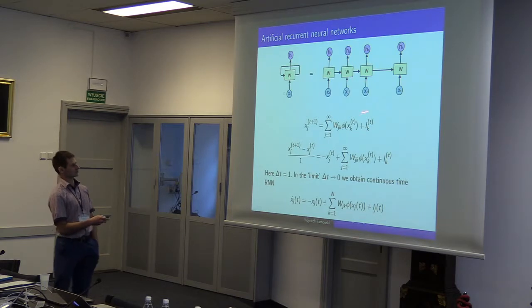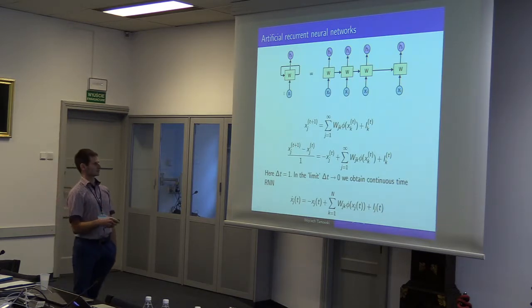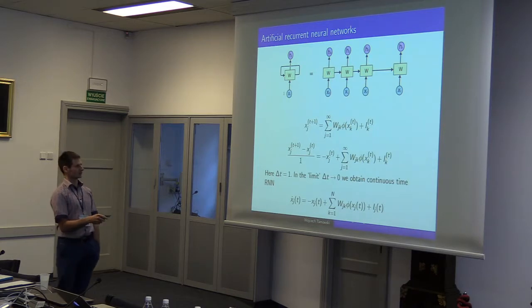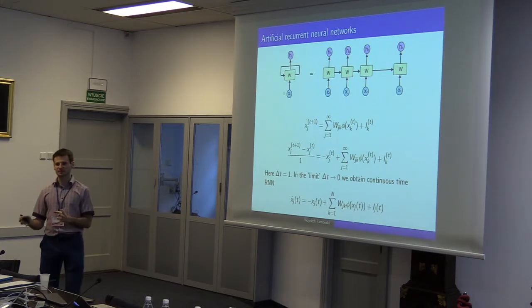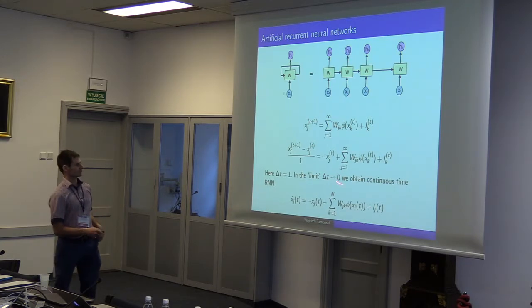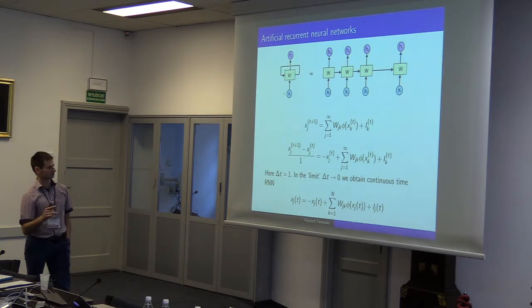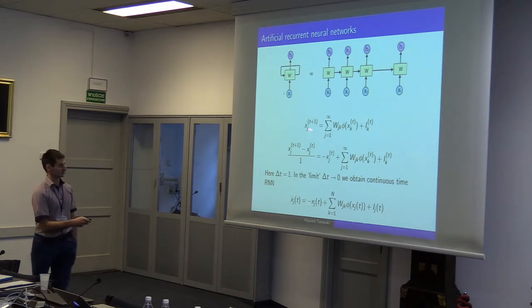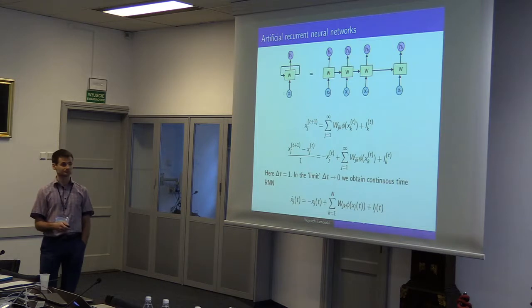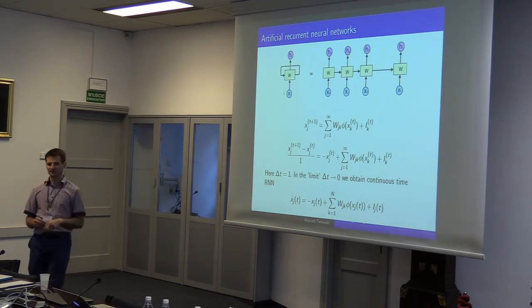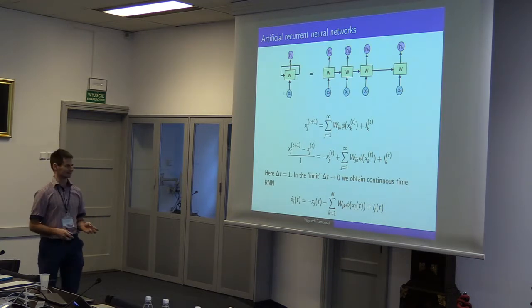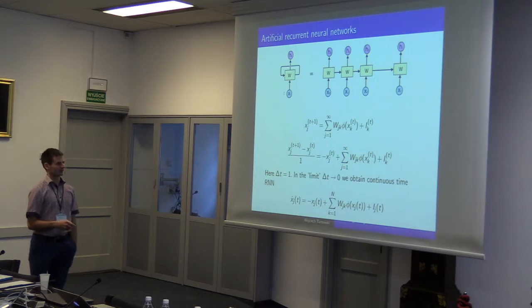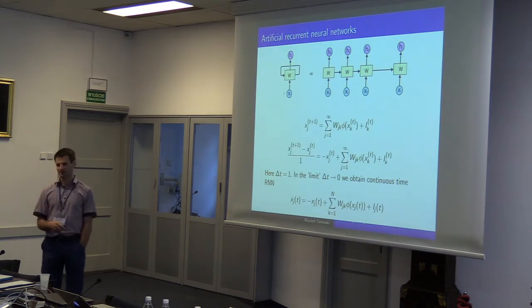Okay, so let us take this equation and let us subtract the previous value, the value at the time before, and divide it by 1, which is the time step. So we can see that this is like a difference between consecutive values of the state of this network divided by the time step. You can do something like a limiting procedure and take the time step going to 0, and then this quantity tends to a derivative.